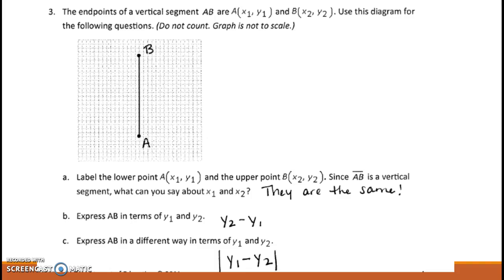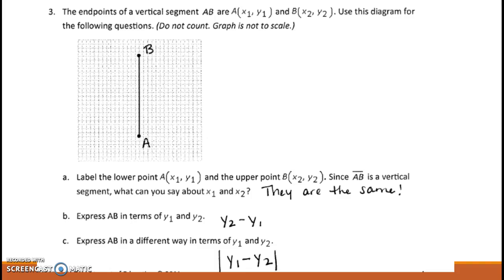So you can see that the coordinates of A are x1, y1, and the coordinates of B are x2, y2. And again, it's done on purpose, so now instead of counting from A to B, we need a systematic way to find that length. And if you notice from the first 2 problems, the way that we can do that, because it's a vertical line, we notice that the x-coordinate is the same.